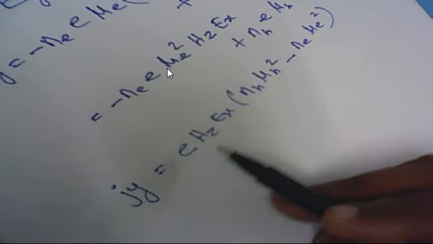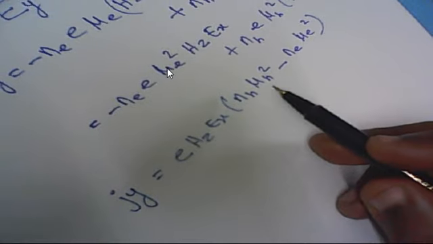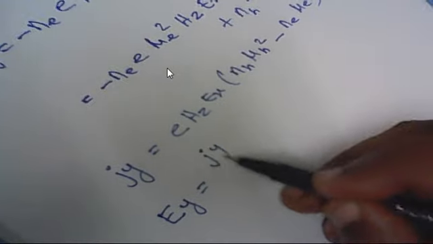So the Hall field direction can be represented in terms of the charge, the magnetic field, the externally applied field: N_H μ_H² minus N_e μ_e². Now Ey is equal to Jy divided by sigma.